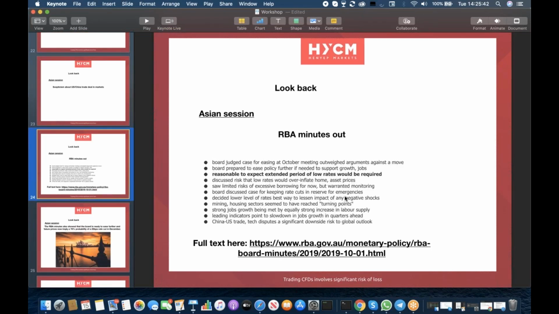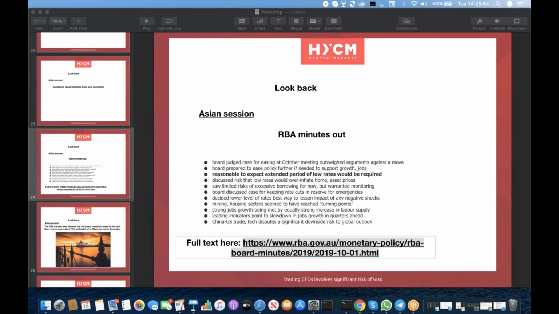Now, I also looked at the RBA minutes, and I'm going to give you a link here, which gives you the full text of the minutes. I've sent that to all of you. It's very helpful to read the minutes, because central banks will often give you a good summary of where global markets are at.